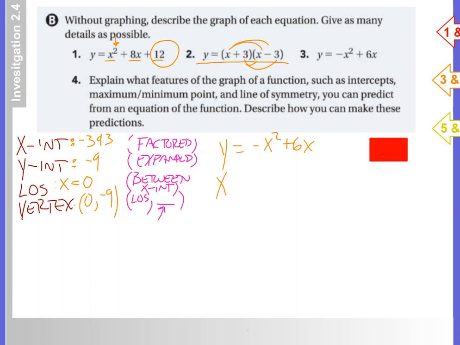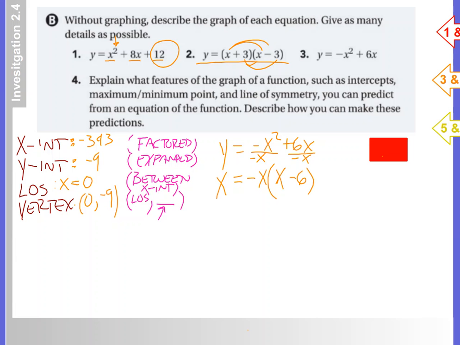I'm going to actually factor out a -x here, because I really want to start the expression within the parentheses with a positive. So -x squared divided by -x is just positive x. Now, if you didn't use the negative, it's okay. You could still get the right answer, so don't fret. Positive 6x divided by -x is -6.